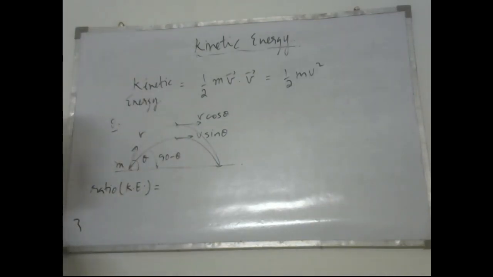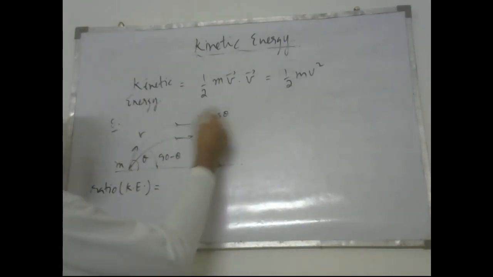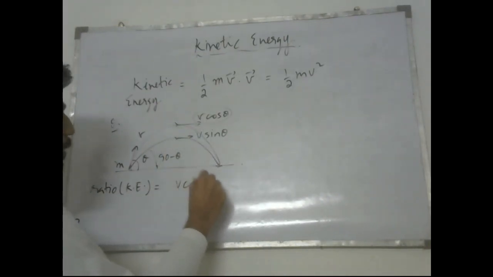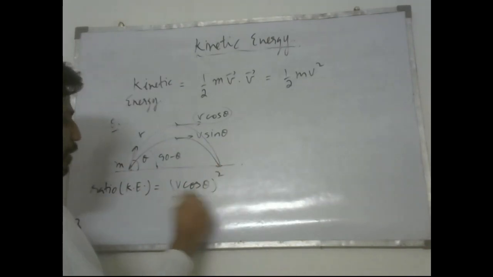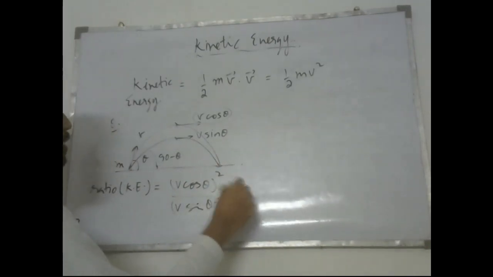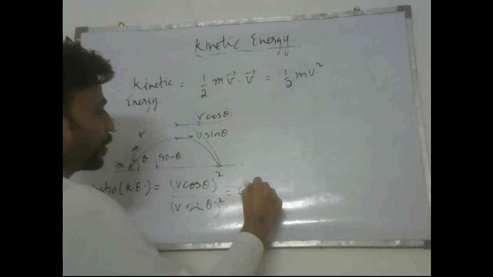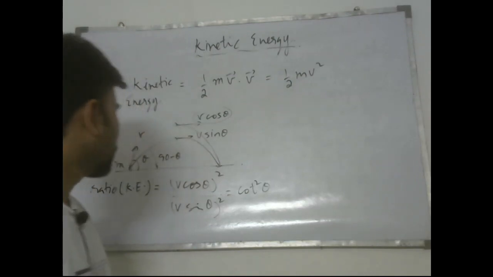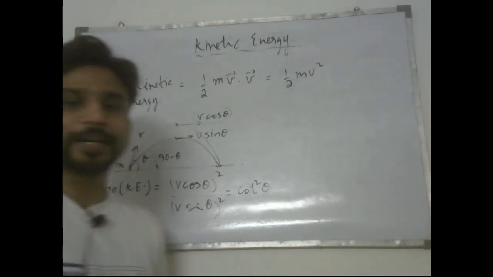Taking the particle number 1 in the numerator, it would come out to be v cos theta whole square divided by v sin theta whole square. All the other terms are common for both the bodies, so that would be cos square theta upon sin square theta. So this is the ratio of kinetic energies.